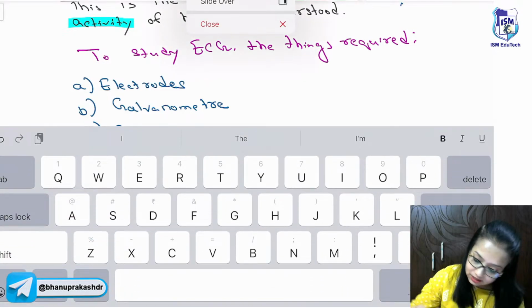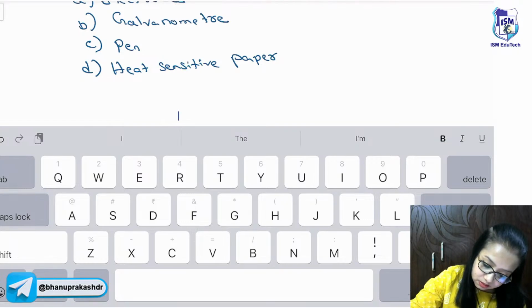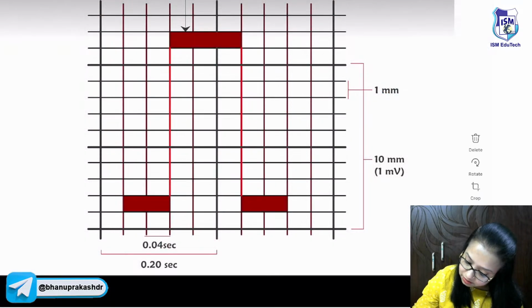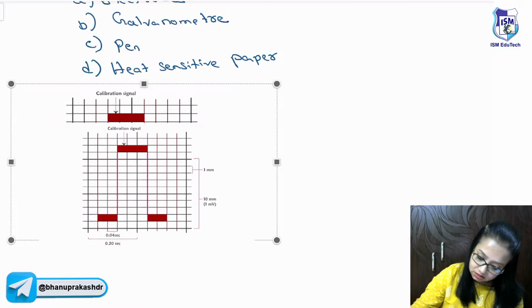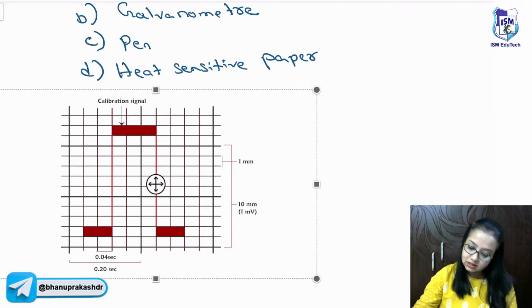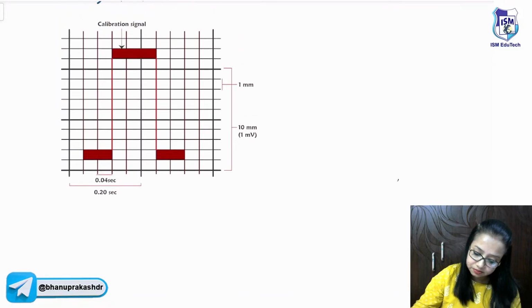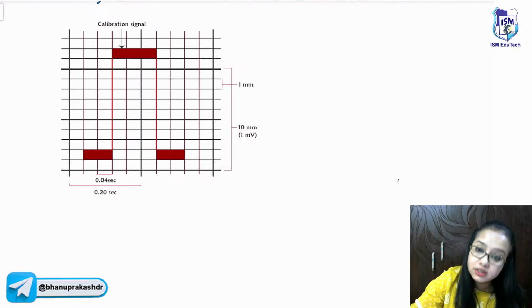Going by the diagram, an ECG paper is something like this. Here we have the ECG paper. Clearly we can see that there are two distinct lines, the vertical line, that is the long line.